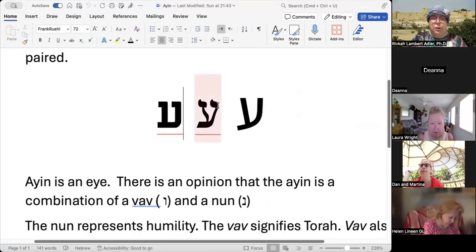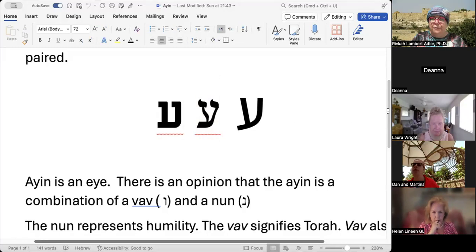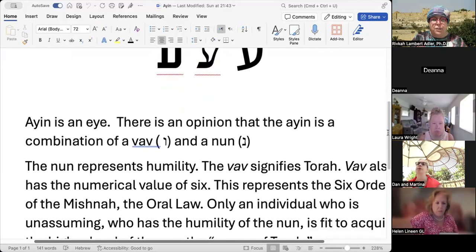And one is a nun, which is sort of this piece. It's kind of on its side, but perhaps you can see a vav and a nun together. Now, there's a deeper meaning to that, because the nun, this piece right here, represents humility, and the vav represents Torah.